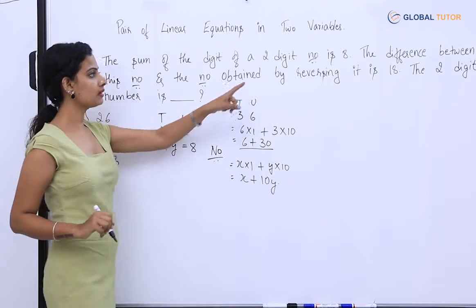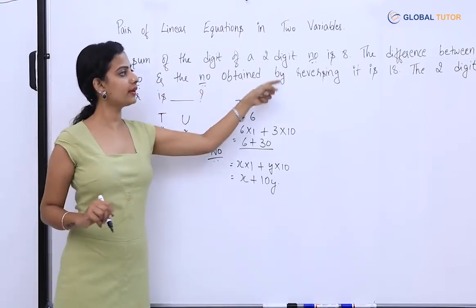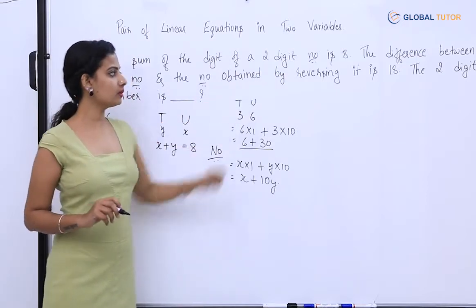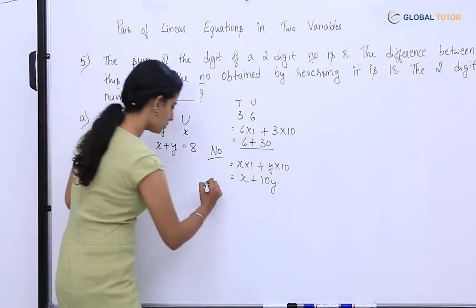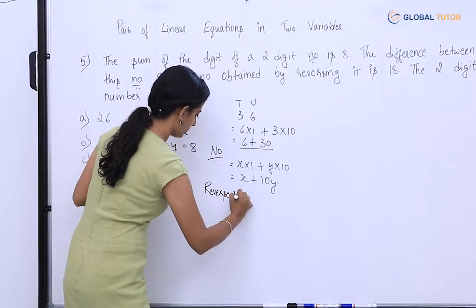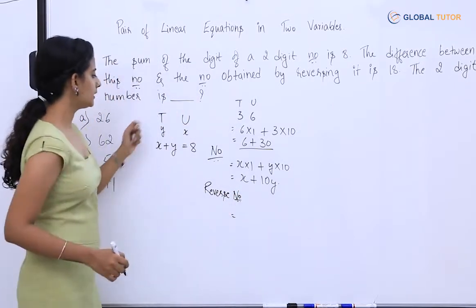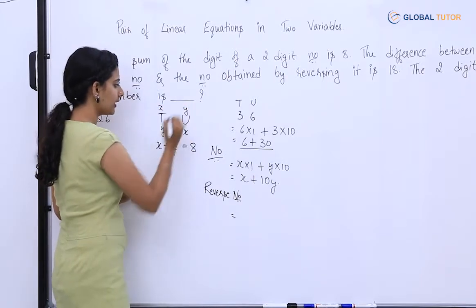They mention the difference between this number and the number obtained by reversing it is 18. First, let us find out the number obtained by reversing it. So, let's call it reverse number, which means here in tens place we are going to write x and unit place we are going to write y.